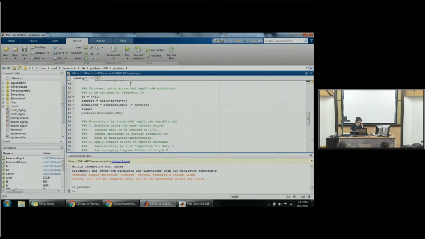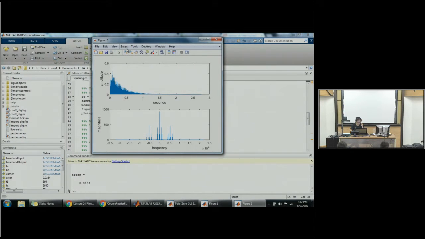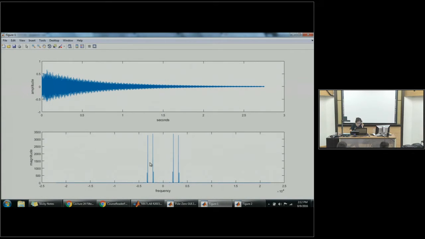Now let me run it for you. My modulated signal has 2 sidebands, again positive frequency and negative frequency, and it's around 0.3 times 10 to the power 4, which is 3 kilohertz.